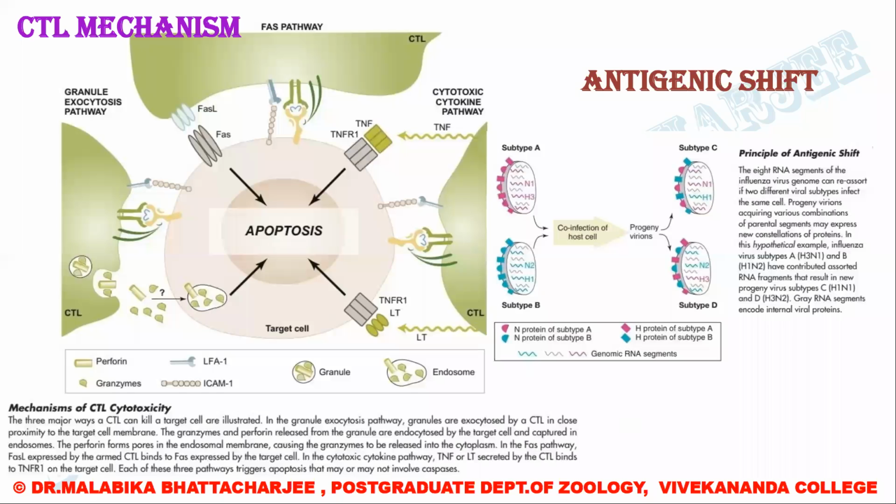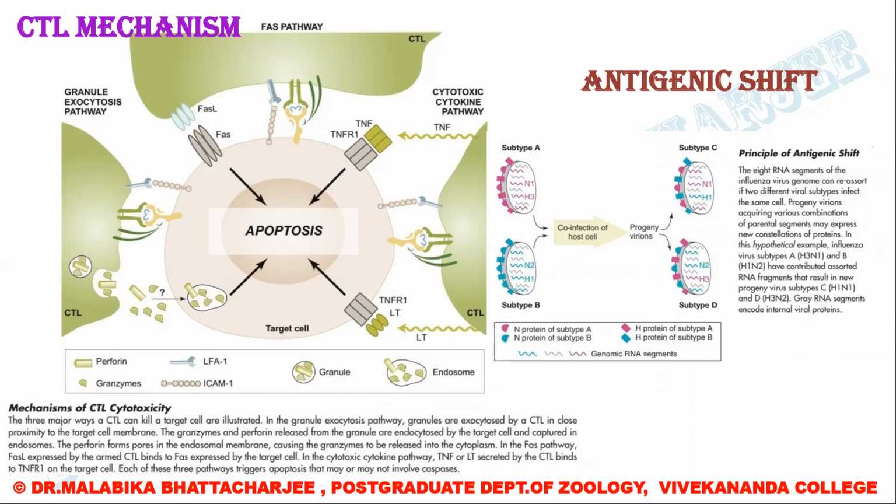This rapid modification of viral antigens through random mutation is known as antigenic drift. Now, let us take the example of the influenza virus. What happens in the case of influenza virus is that the virus cannot proofread its RNA genome during replication and thus sustains a high rate of mutation.